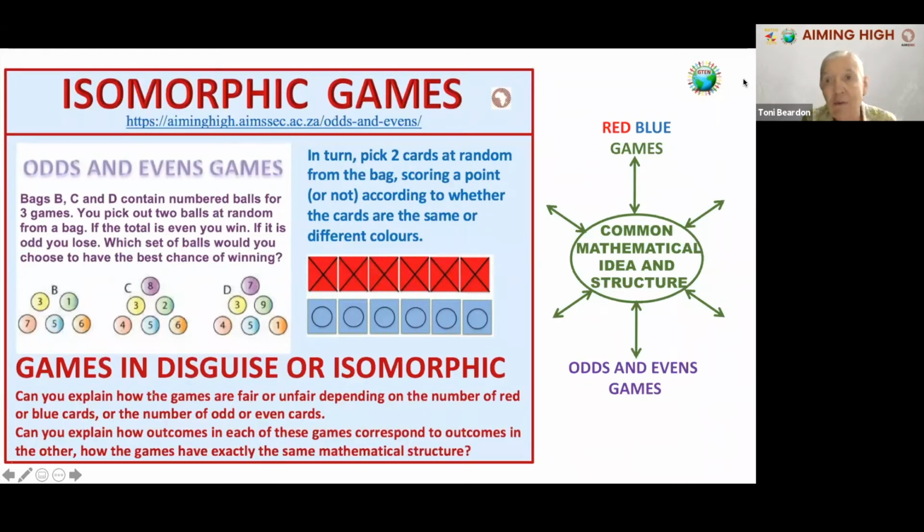You say, oh, but this, in which we're talking about the red and blue games, is the same as the odd and even numbers. So we don't need to work it out. We can see that what we've already done applies in this different situation because they're isomorphic.